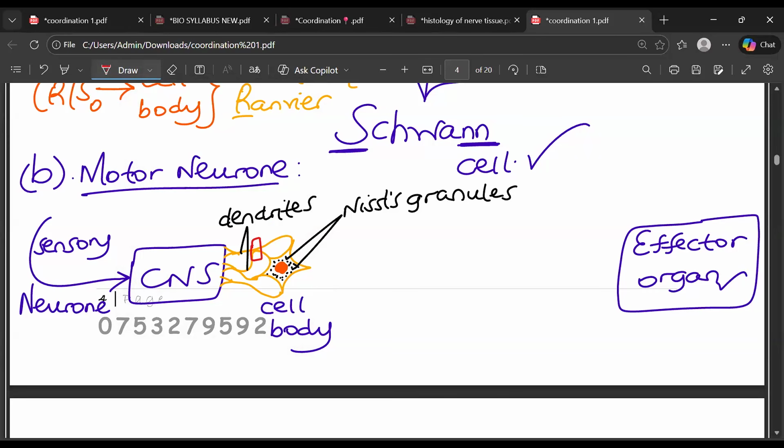But that one shouldn't be the concern. What you should concentrate on is that the dendrites are immediately giving us the cell body. Not like in sensory where you're supposed to first move like that. So we have the nucleus there, and that is our cell body.